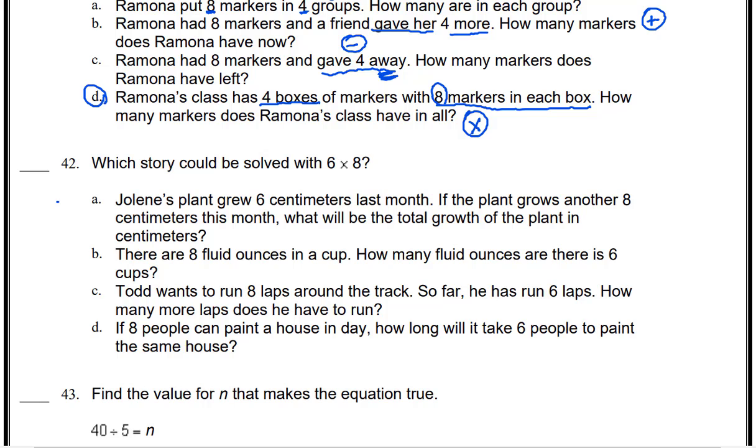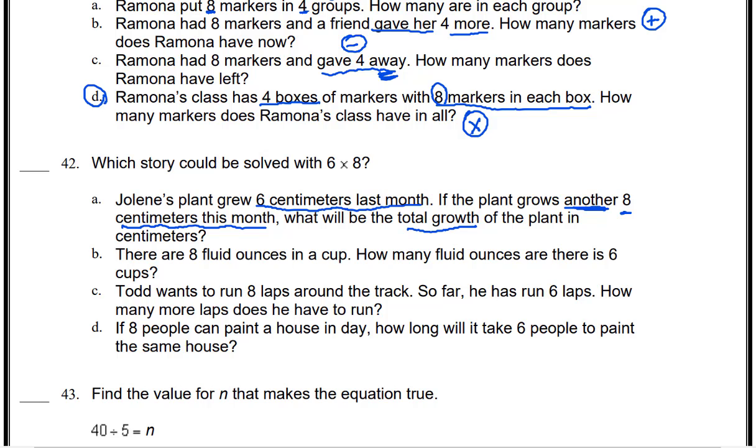I told you to read this one, the first one. Read it. John's plant grew 6 centimeters last month. If the plant grows another 8 centimeters this month, what will be the total growth of the plant in centimeters?